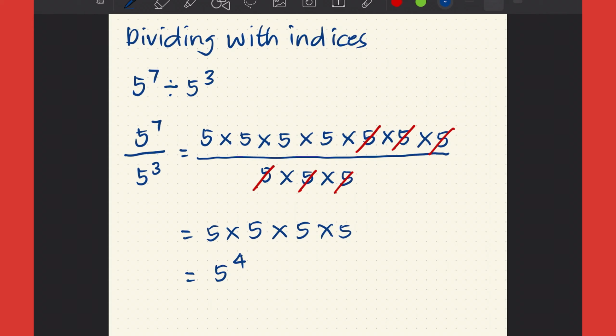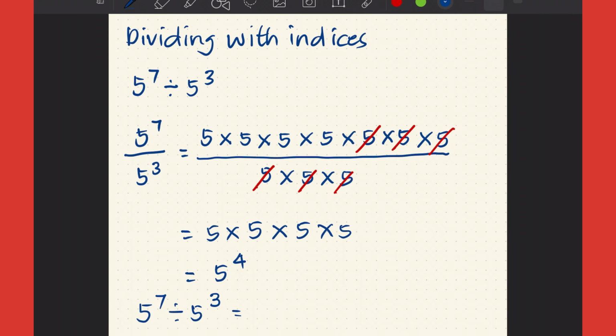Now, can we see a link when we divide with indices? Let's say we have 5 raised to the power of 7 divided by 5 raised to the power of 3.